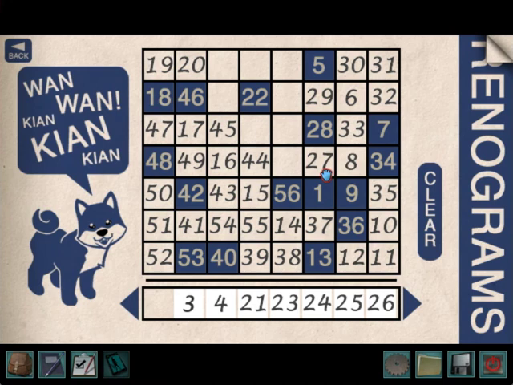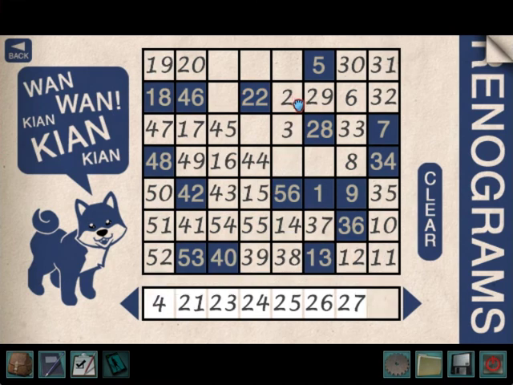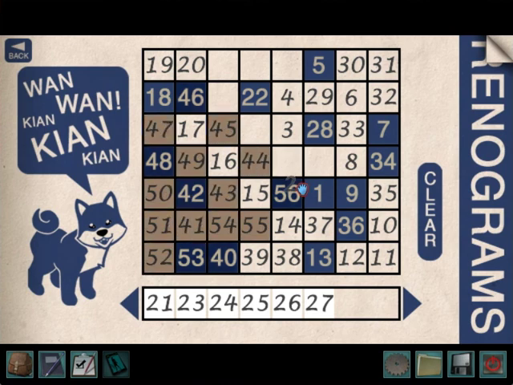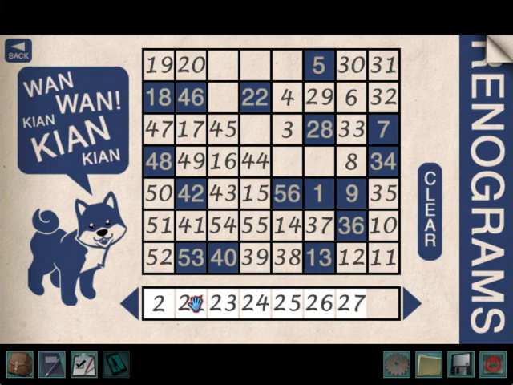So now that means that we can further define this. At least we know that 3 and 4 go here. We don't really know about 2 yet. It could be either this or this. But now we've got less numbers, so that's always good.